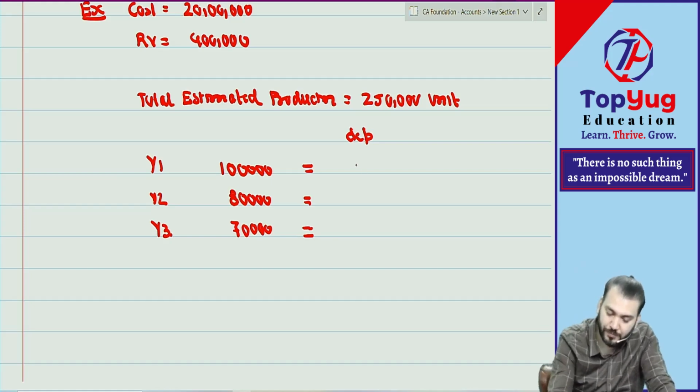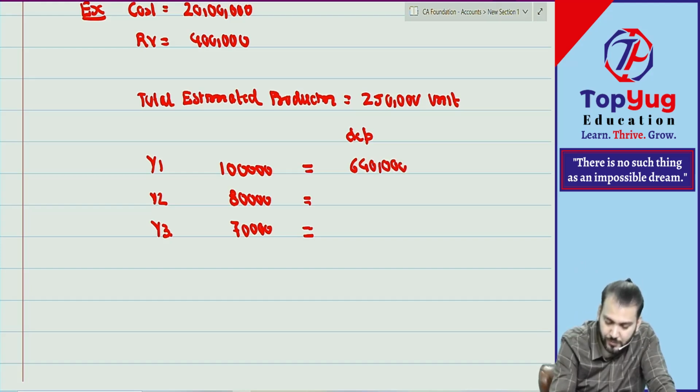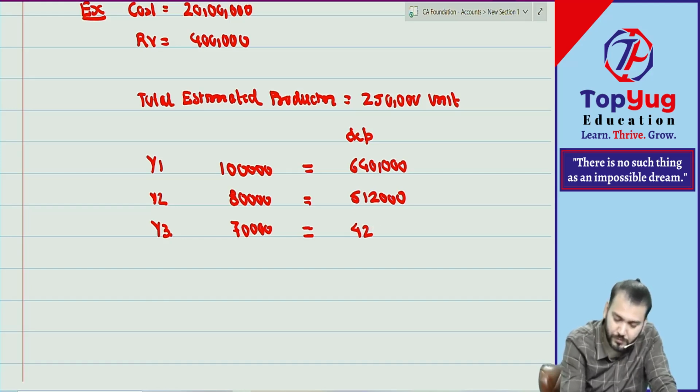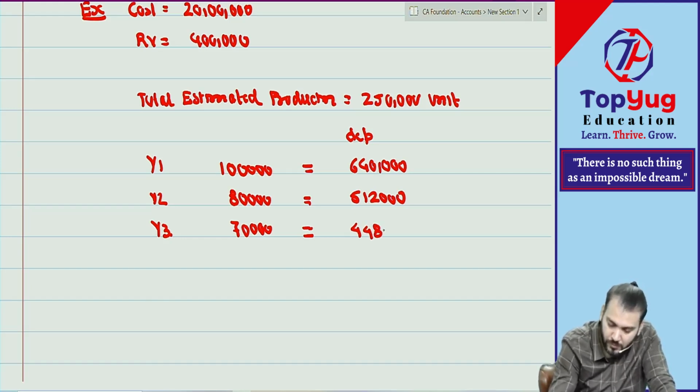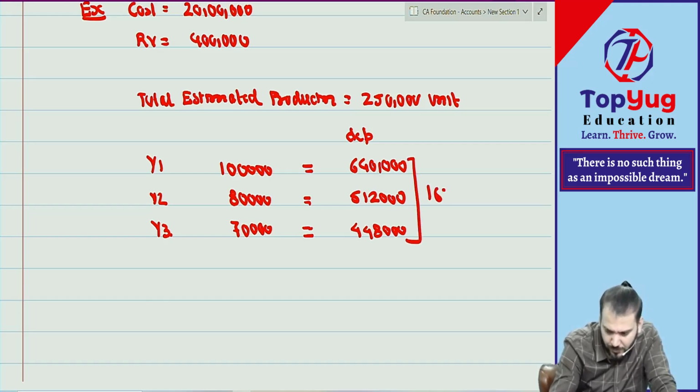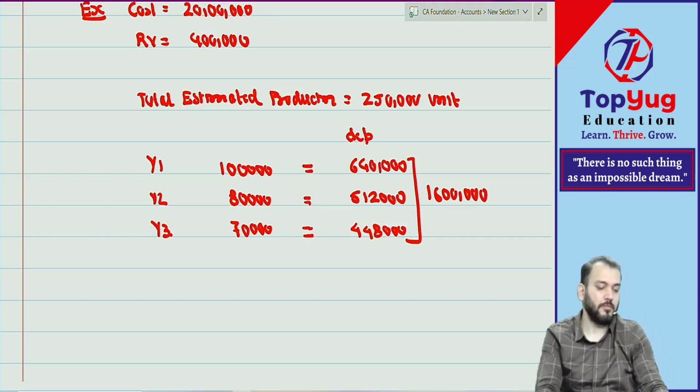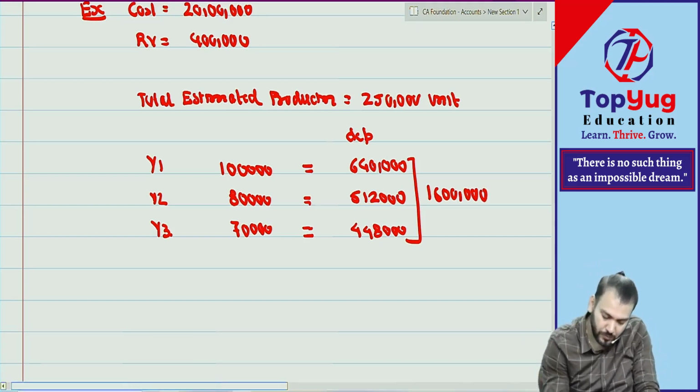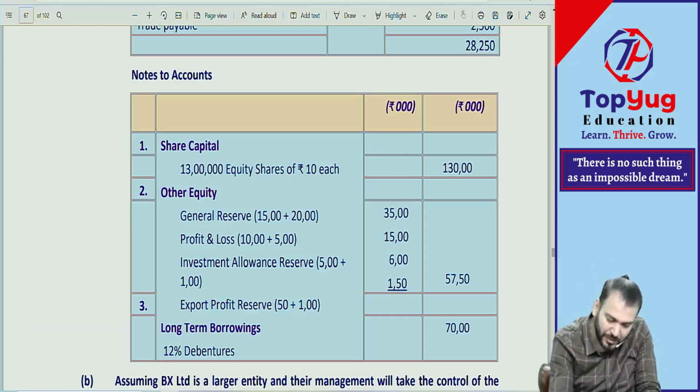First year 6,40,000. Second year 12. Third year 4,48,000. Total is coming how much? Means we are doing correct. Everyone done correct?